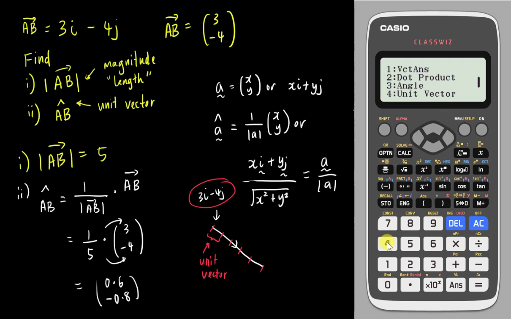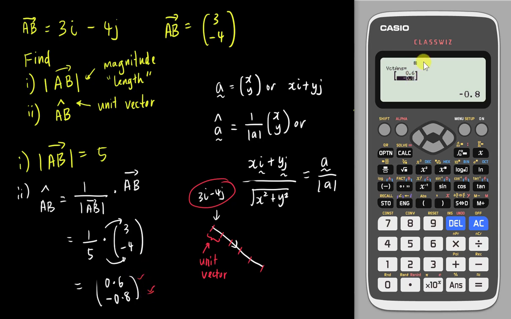So I will type 4, which is unit vector. Then I tell the calculator that I want a unit vector for vector A. Then I type option again and look for vector A, which is 3 here. Then I type equal. The calculator tells me my x value is 0.6 and my y value is negative 0.8, which is exactly the same as my answer here.